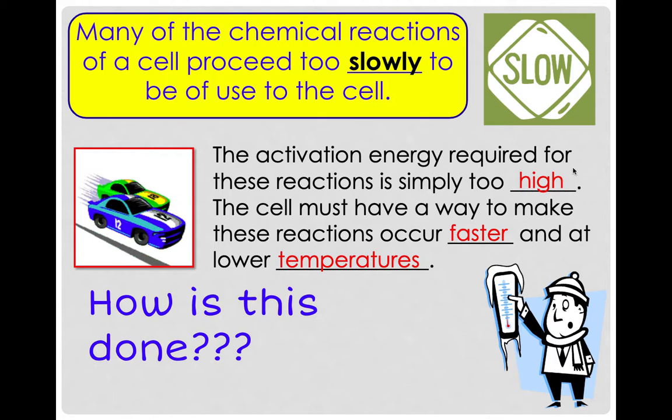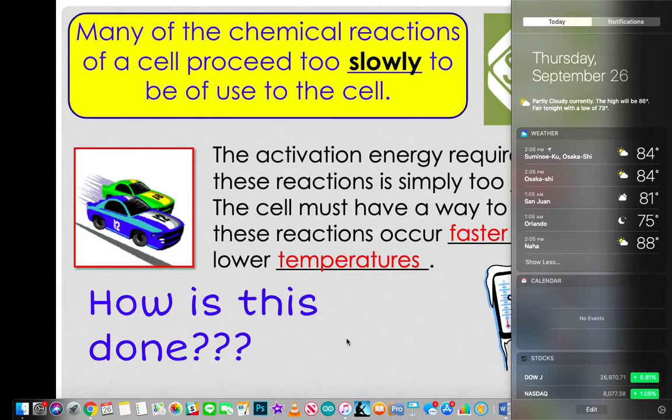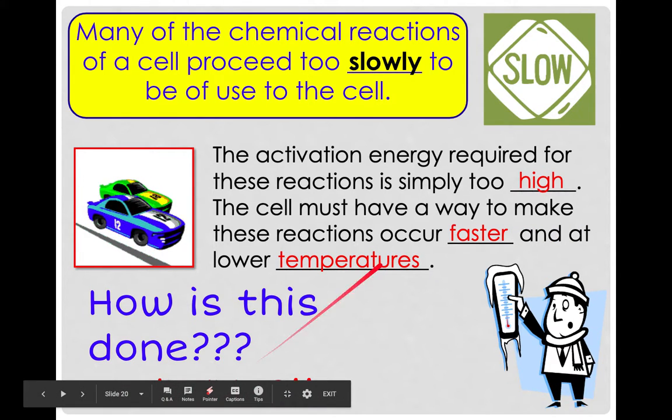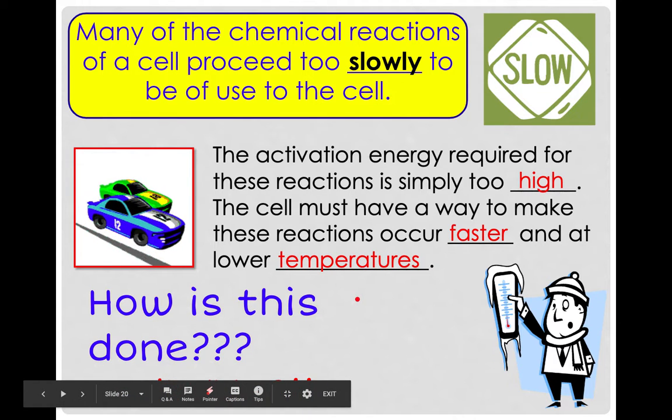It's too high. So the temperature is too high. The energy level is too high. So it's too high. The cell must have a way to make these reactions happen faster and at a lower temperature. And the way that cells do this is through the use of enzymes. Okay?